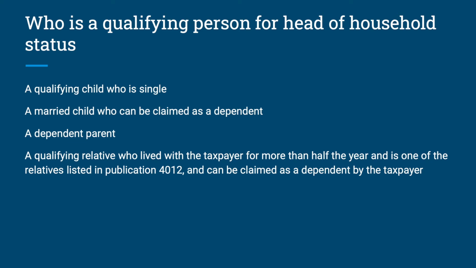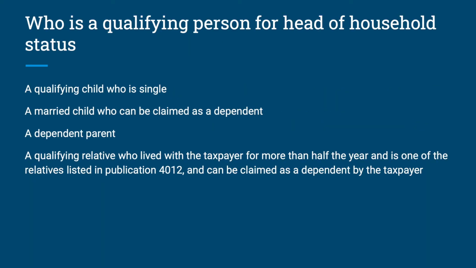Third is a dependent parent. Or fourth, a qualifying relative who lived with the taxpayer for more than half the year, is one of the relatives listed in publication 4012, and can be claimed as a dependent by the taxpayer. When I walk through publication 4012, where we find all the information, you'll be able to see that there. I know it's an extremely vague description on that last bullet.